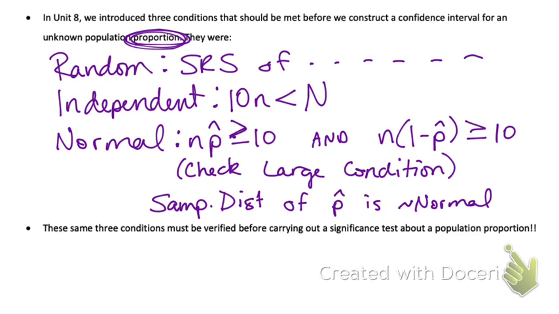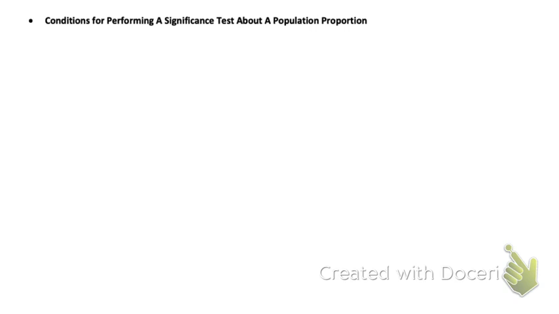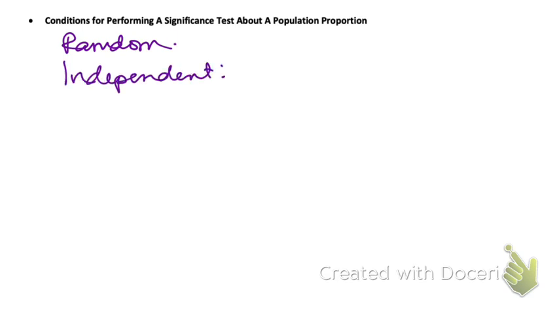Guess what? I have good news for you. The same 3 conditions must be verified before you do a significance test for population proportion with one teeny tiny little tweak. First of all, we are still going to check random, and we're still going to check independent. Those have no tweaks on them. SRS, 10 times n has to be less than population.